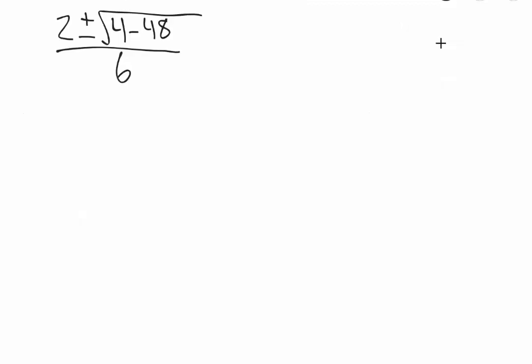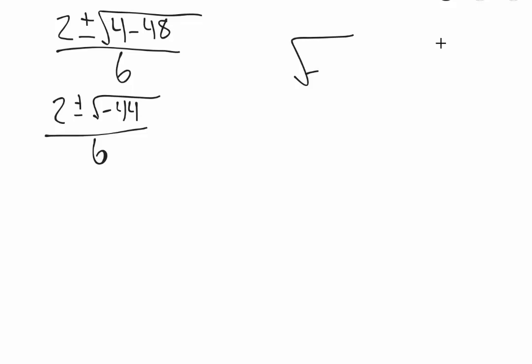All right, so in the next line, all we're going to do is subtract what's under the radical. 4 minus 48 gives us a negative 44 over 6. Now what I'm going to do is pull out our radicals so that we can work on simplifying this, and then we'll throw it back in the problem. Now, the way that I like to work with my radicals is anytime you have a negative under the radical, remember that that negative does become an i.